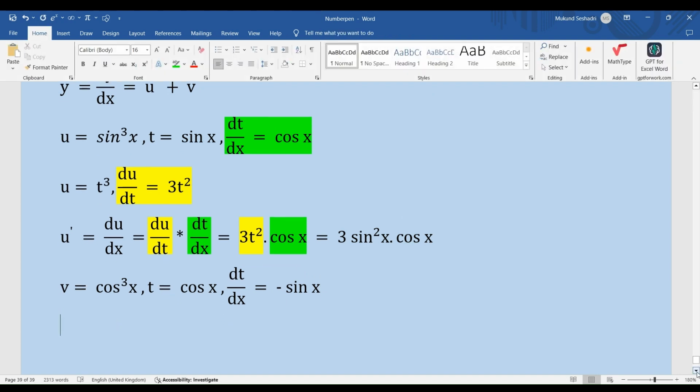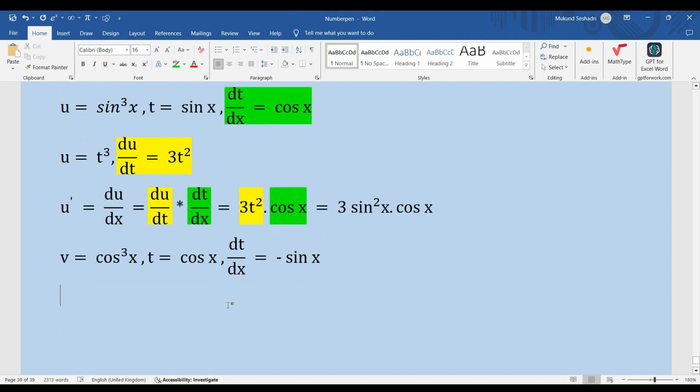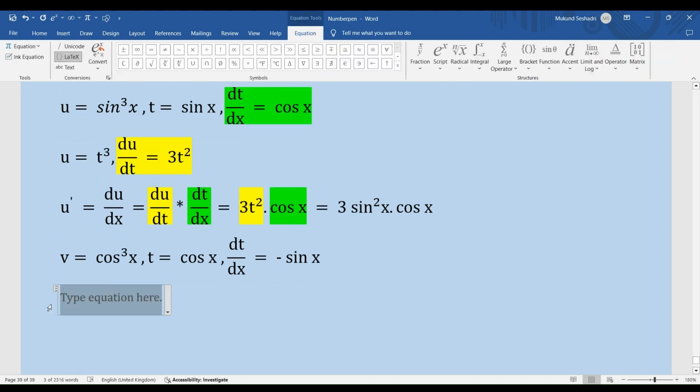Now I go to my step two, where I'm going to express my v in terms of the substitution which I just now made, which is again t cube, right? So what is my du by dt? We have seen it earlier when we worked out u dashed.